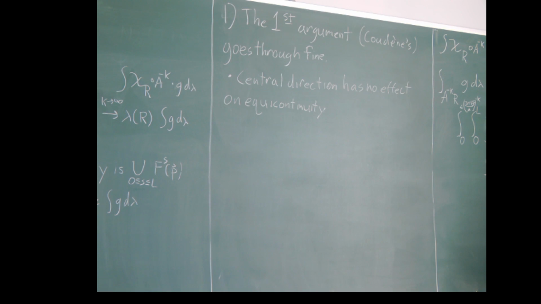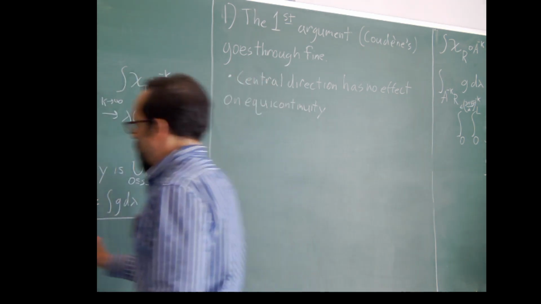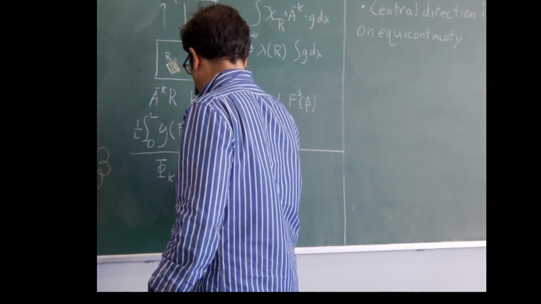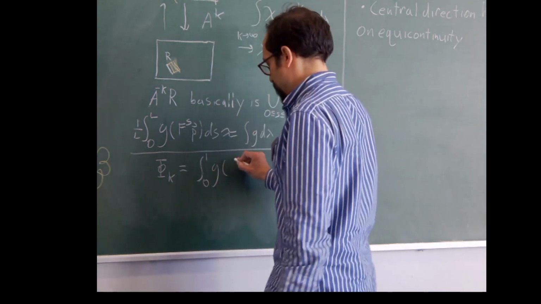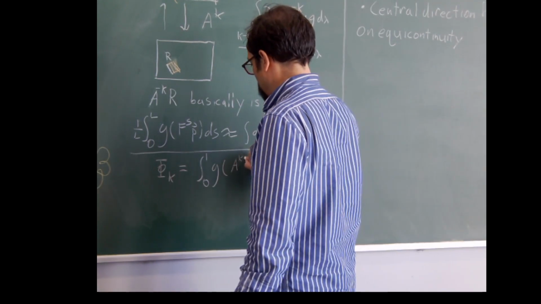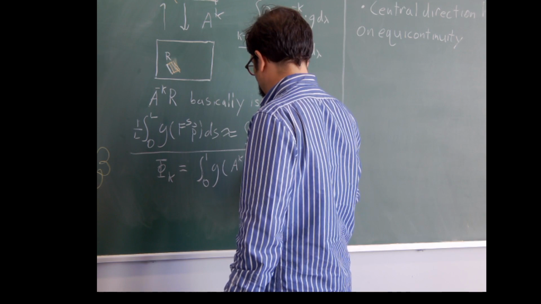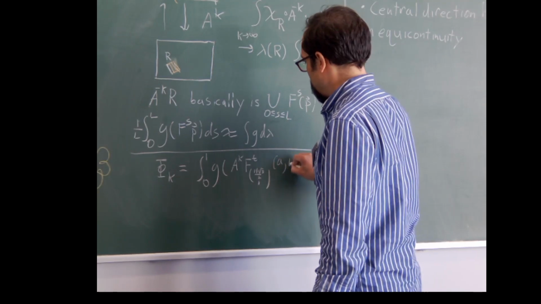Yes, but you said central direction has no effect on equicontinuity. Yeah, so should I recall Codene's argument quickly? Okay, so Codene's argument is, if you remember, we had these averaging operators, phi sub k, which are equal to the integral from 0 to 1 of g of a to the k of f to the t, where a is (1 plus the square root of 5)/2, 1, the expanded direction in this case, a, b.